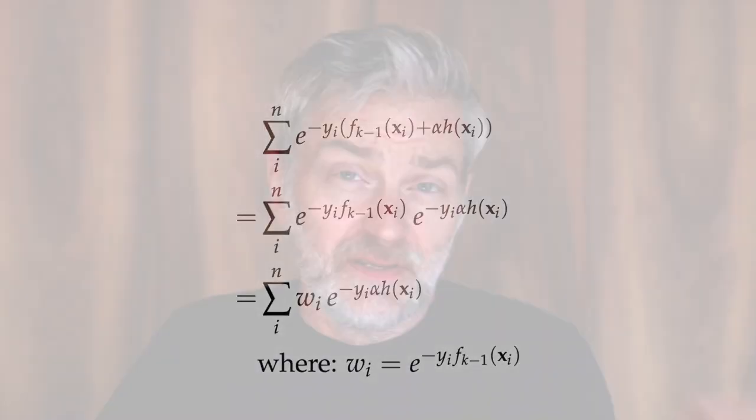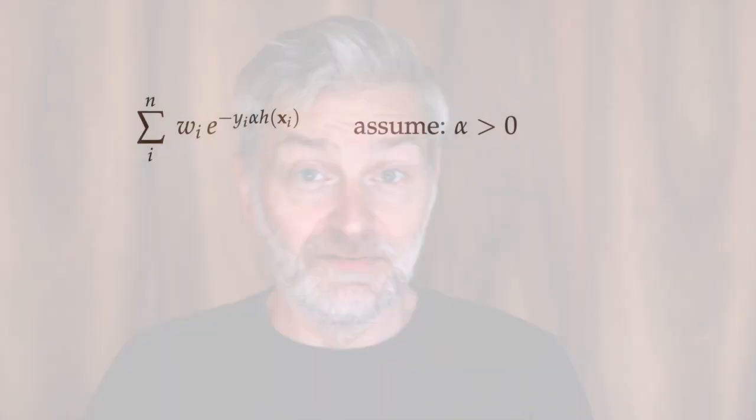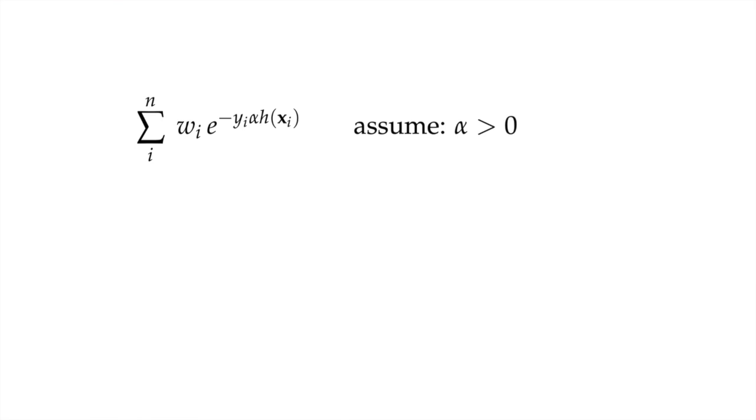So we still need to minimize this to find the optimal classifier h_k and also the associated prediction weight alpha_k. Let's first consider the classifier, making the assumption that alpha is greater than 0.